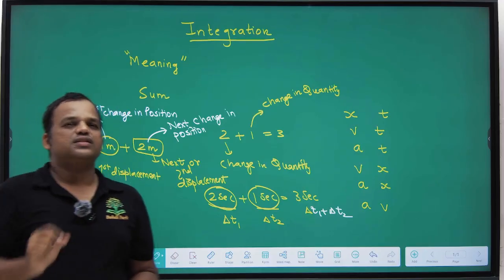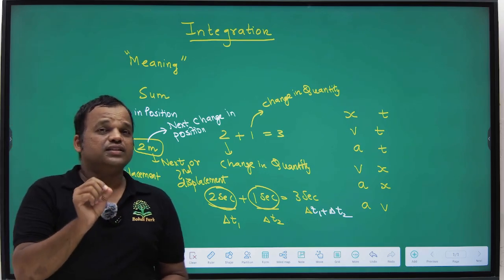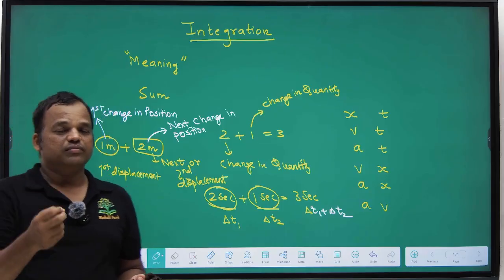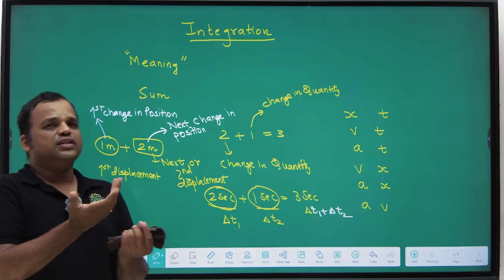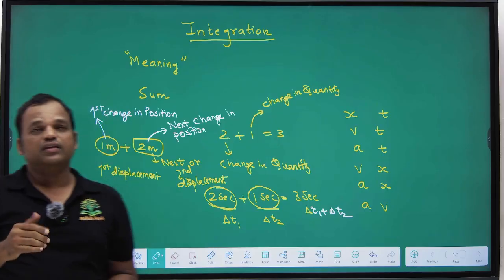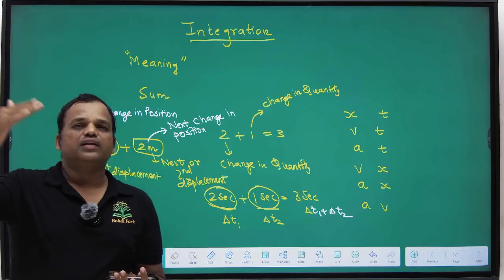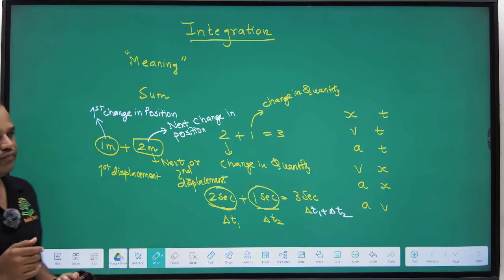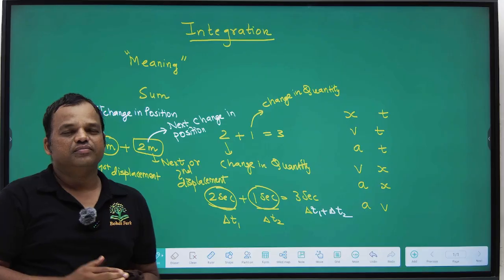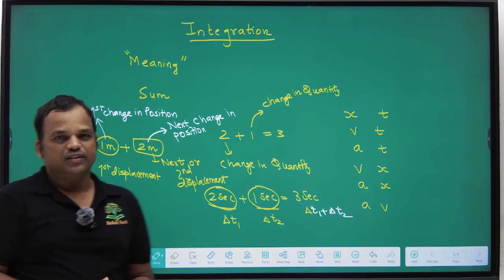So the mass is changing. So what is the change in mass? First time it is 1 gram, next time it is 2 gram. Next time it can be 3 gram, it can be 4 gram. So total change in mass will be 1 plus 2 plus 3 like that and so on. So when we add changes, that process is known as integration.